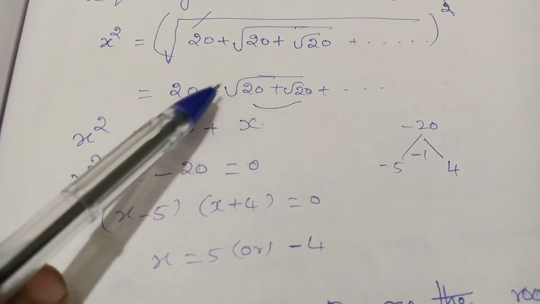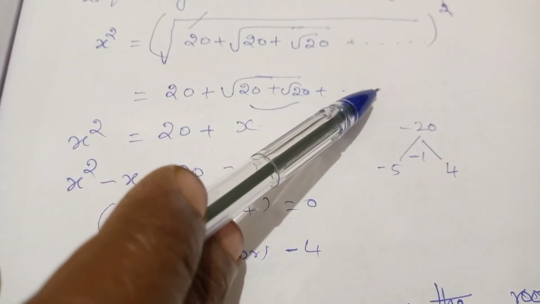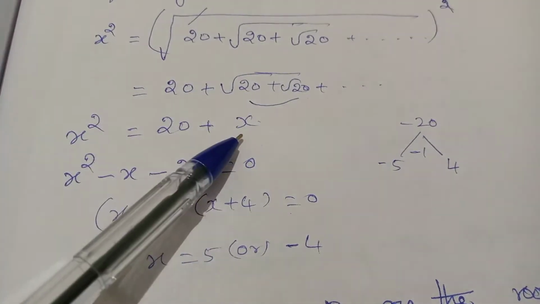Why? The square root of 20 plus square root of 20 plus square root of 20 etc. we have considered as x, so in place of this we can use x.